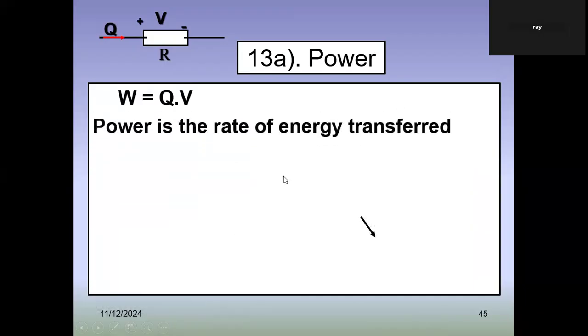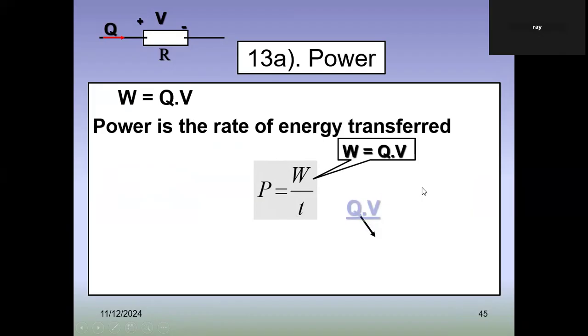Power is the rate of transfer of energy. There's a formula: energy divided by time, or work divided by time. W is QV, and then there's your time. So Q over t is I, and then there's your V. So that's the formula that we have derived: P is IV.